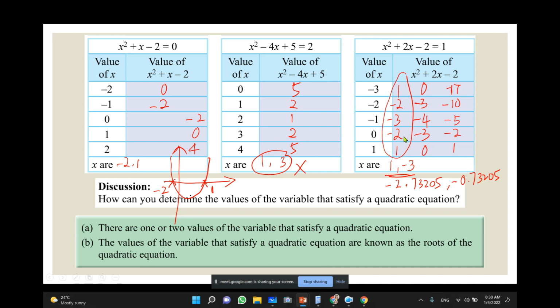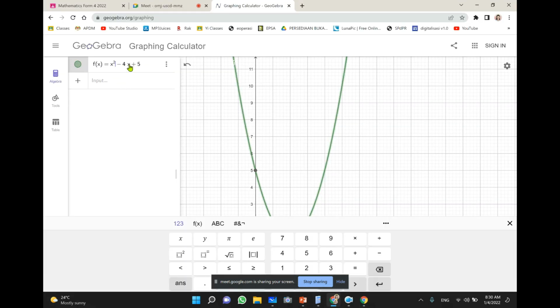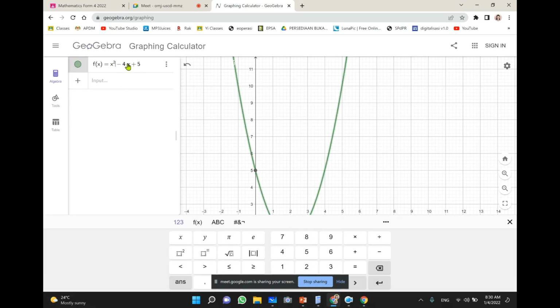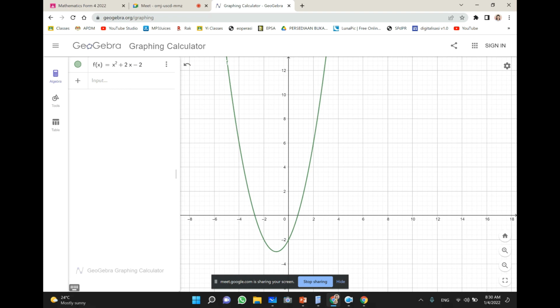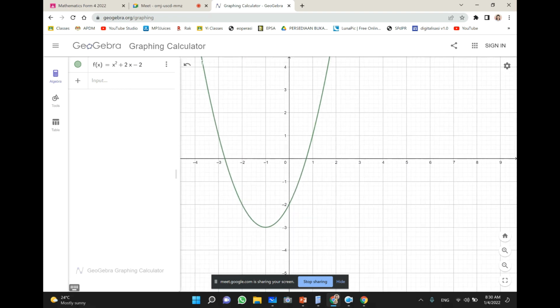Okay, same with this one. If I press this, x squared plus 2x minus 2, you look at this. You see your graph looks like this. And you can't really read it off.